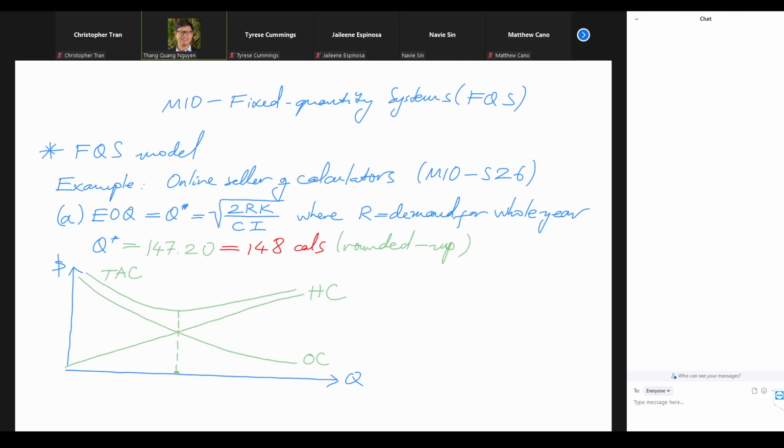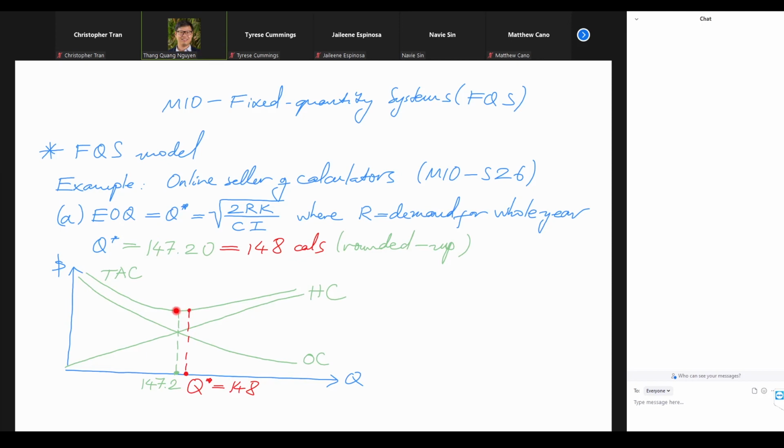But the point that we calculated is 147.2. And we cannot buy that decimal number of calculators, right? That's why we need to round it, and we operate at that point. So we take that as our Q star, 148, and our cost is right here. So this cost is a little bit higher than the lowest cost that it can be.